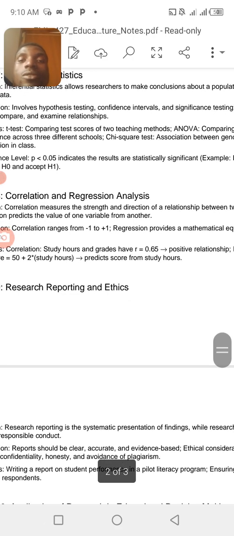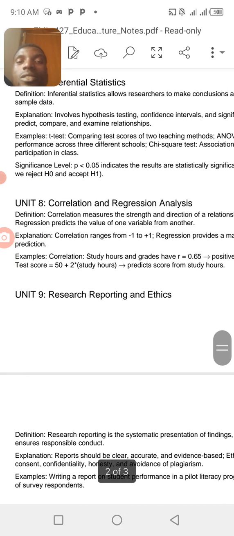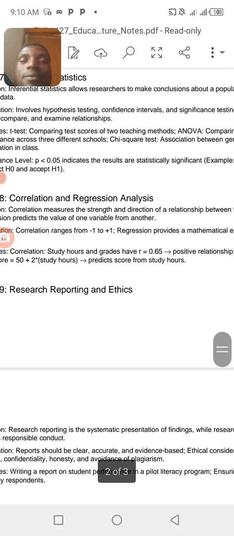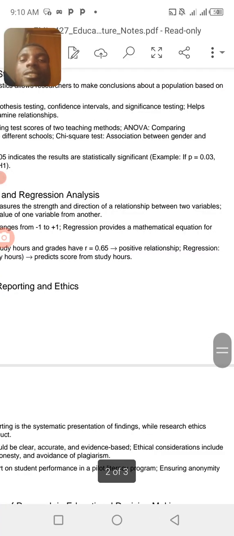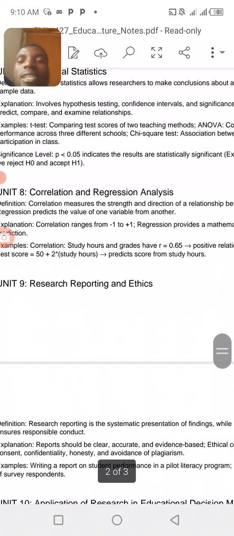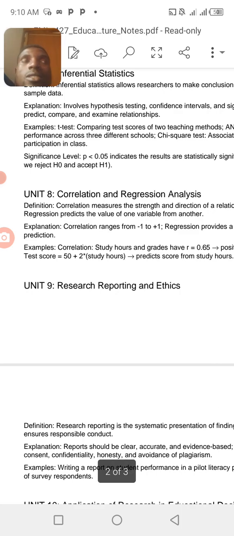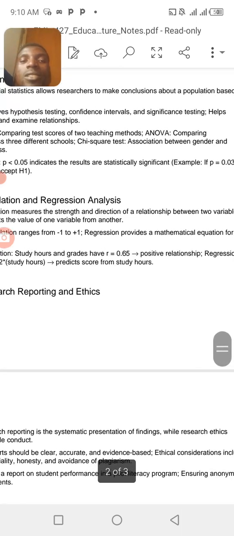Then you can also use some of these statistical tools like the chi-square test, which deals with association between gender and participation in class.